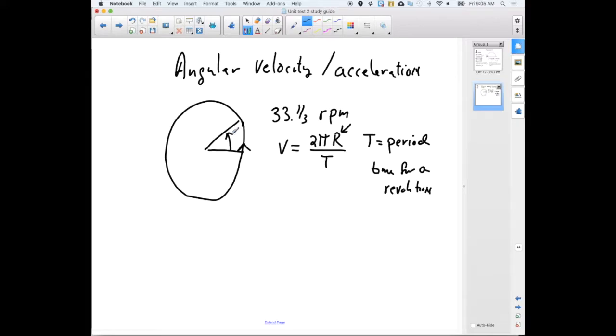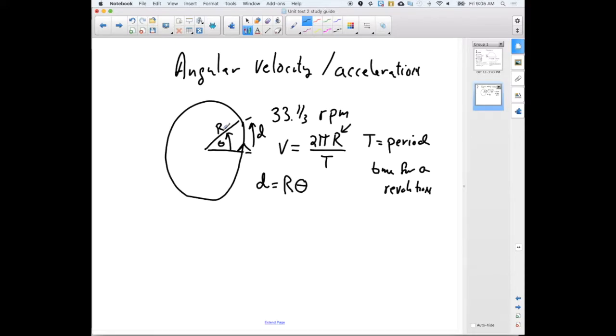So we'll start by reminding ourselves that the distance I travel, d, is equal to the radius times the angle, theta.